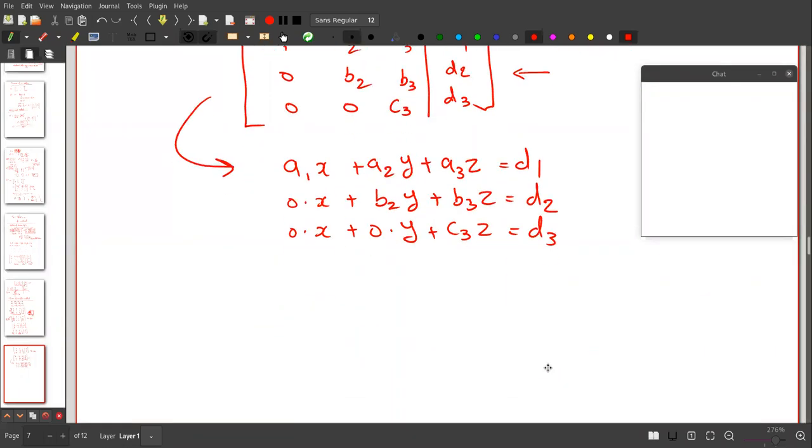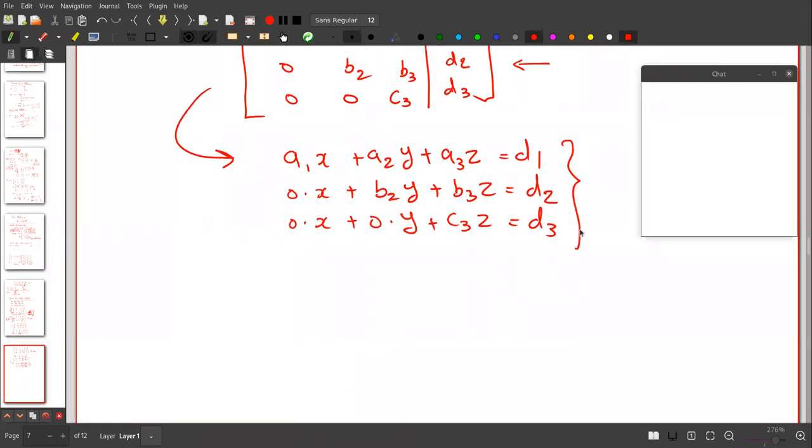So you can see how simplified this equation became, that from the third one, you can directly calculate z equals D3 by C3. Okay, so now you know z.